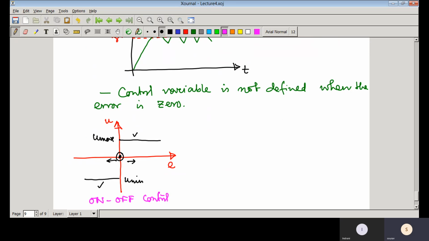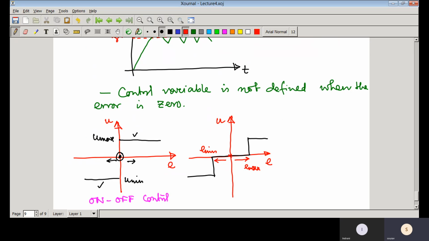Similar to on-off control, there are also some other strategies very similar to this. Another one is called the dead zone. So this is the error, and this is the control input u. Suppose this value is E max and here this value is E min.